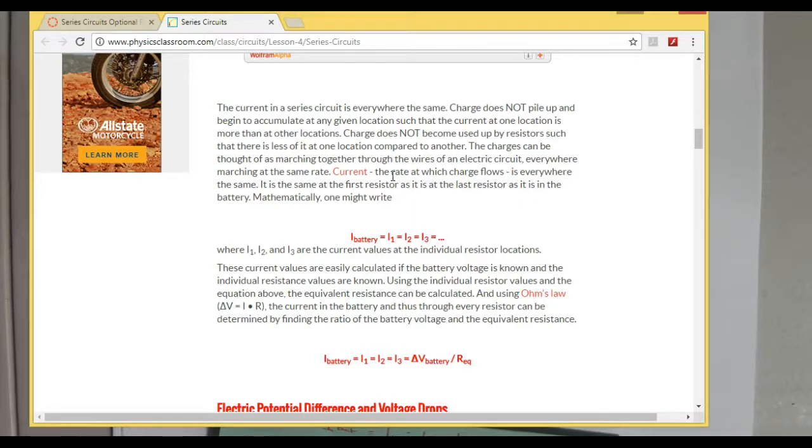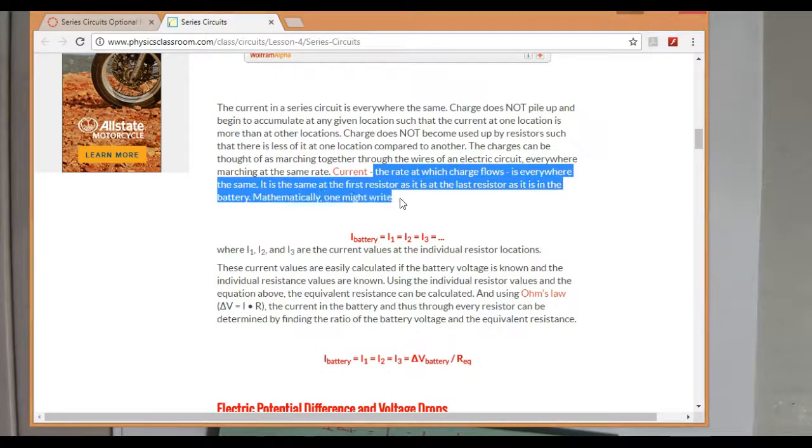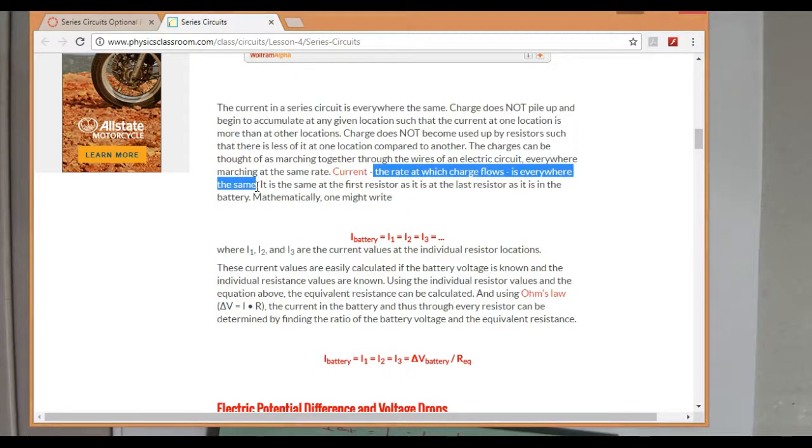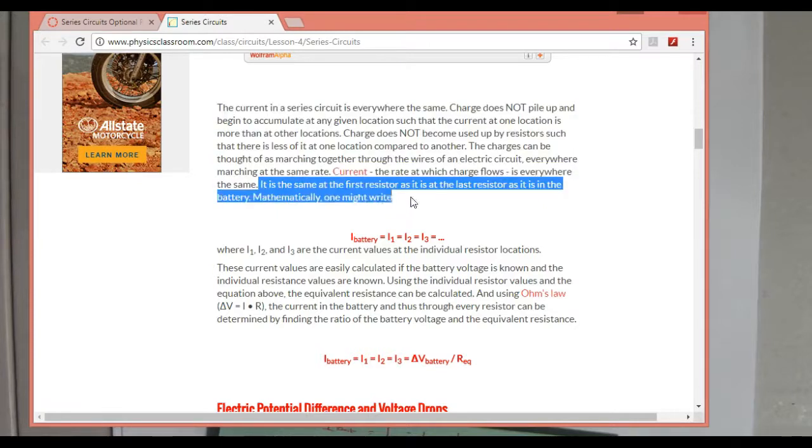So in other words, if you read right here, current, which is the rate of flow of charge, is everywhere the same. So it sounds weird, everywhere the same, but that means current is the same throughout the entire series, right? So it is the same at the first resistor as it was at the last resistor, as it is in the battery.